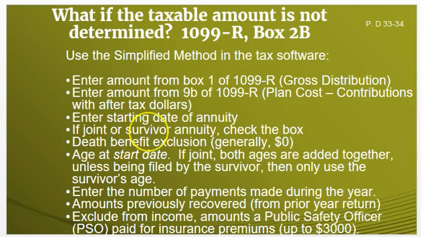I want to bring your attention to that. So when we are talking about the age of our taxpayers, if we have a joint or survivor annuity, that means that we have to add both spouses' ages together. And we have to add them together as of the start date of the retirement.